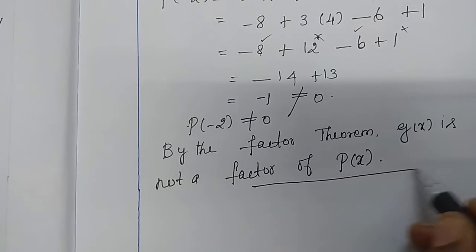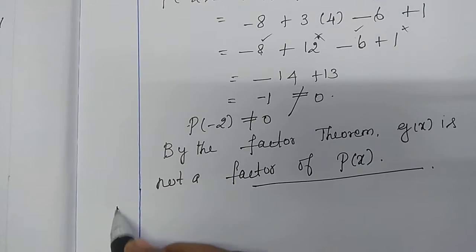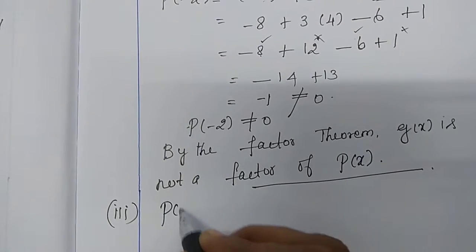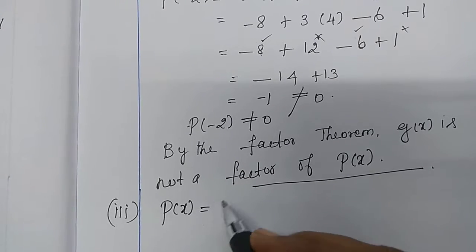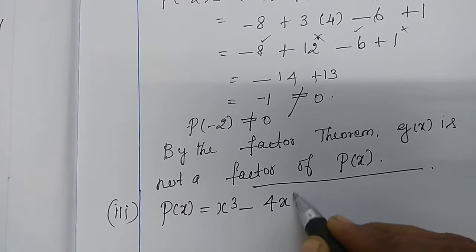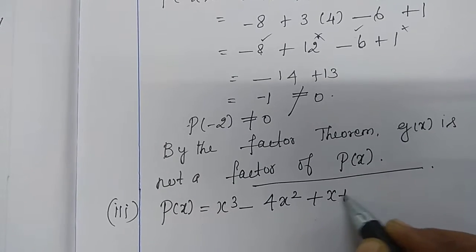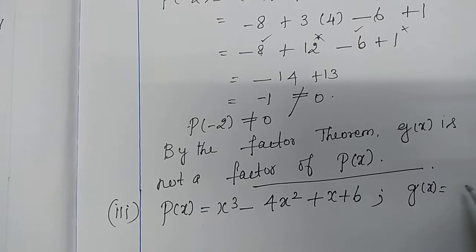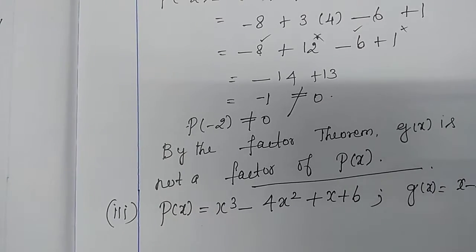So division number 2 over. Division number 3 now. The question is p of x is equal to x cube minus 4x square plus x plus 6. Our g of x is equal to x minus 3.